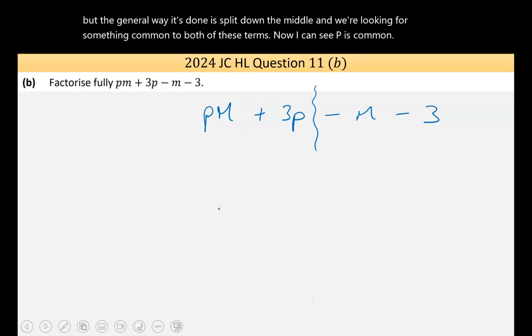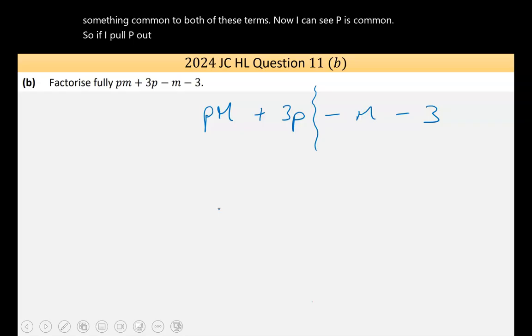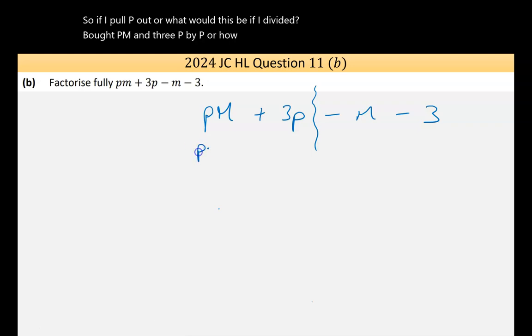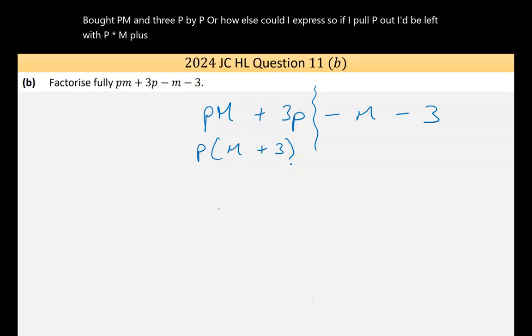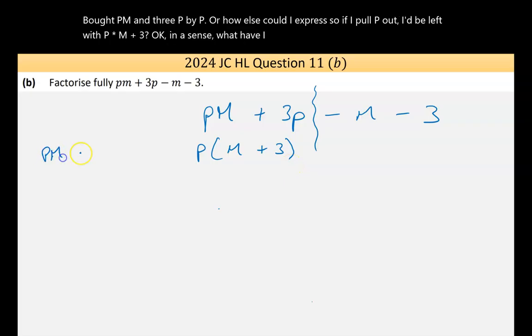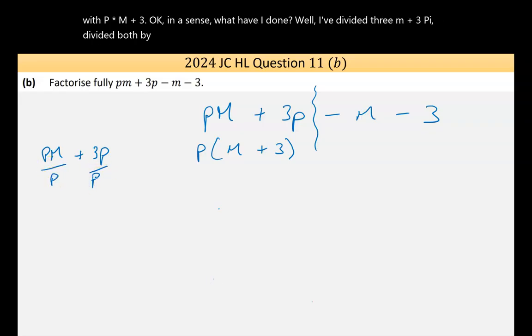So if I pull p out, or what would this be if I divided both pm and 3p by p, or how else could I express it? If I pull p out, I'd be left with p times (m + 3). In a sense, what have I done? Well, I've divided pm and 3p both by p, and that gives me m + 3.